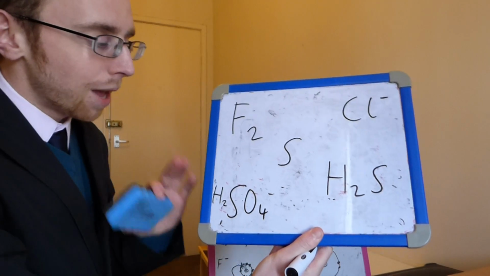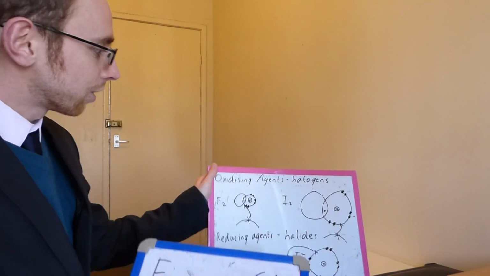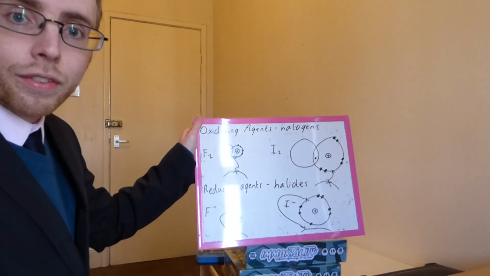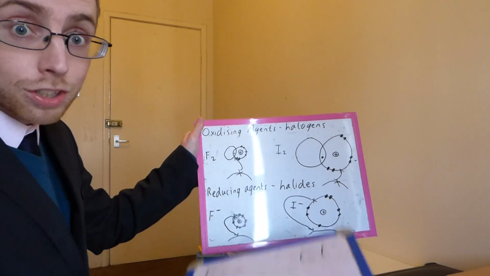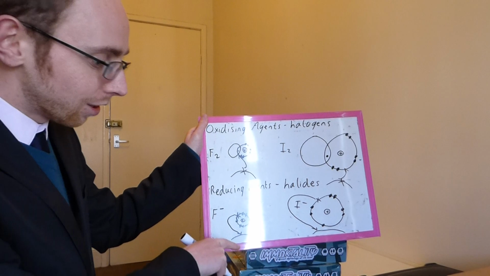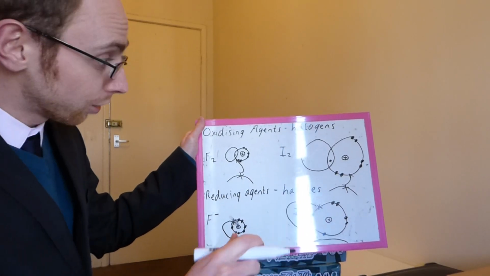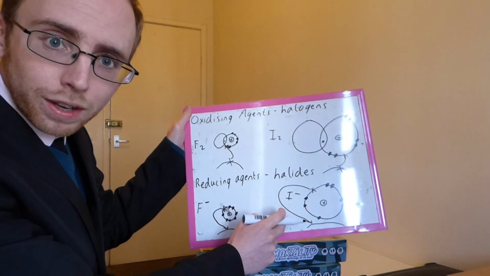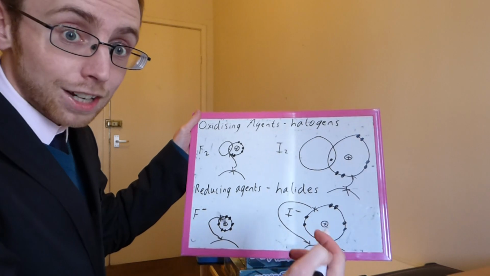Now, the better the halide is at acting as a reducing agent, then the more the sulfur in the sulfuric acid will be reduced. If I dump a weak reducing agent into the sulfuric acid, I might get an acid-base reaction, but no further reactions. Dump a strong one in, and I'm going to get lots and lots of different reactions.